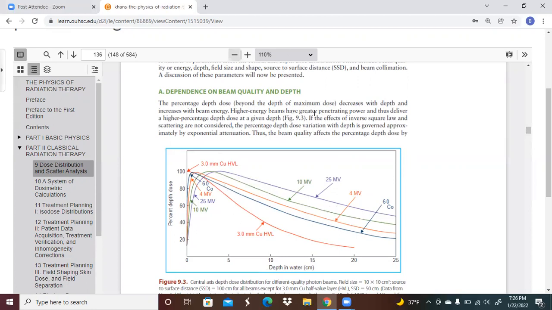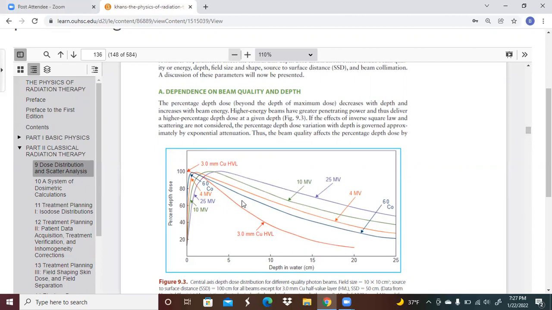Now, higher energy beams are going to have greater penetrating power and deliver a higher percent depth dose at a given depth. You can see here the 25 MV is decaying, but not quite as rapidly as the 10 MV, or certainly the 4 MV or the cobalt 60. So it's really hanging in there.